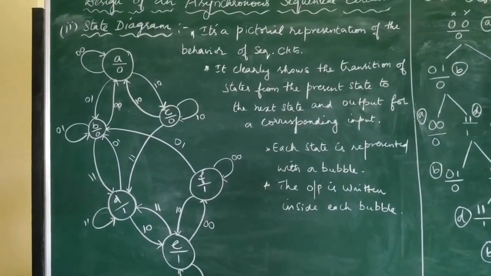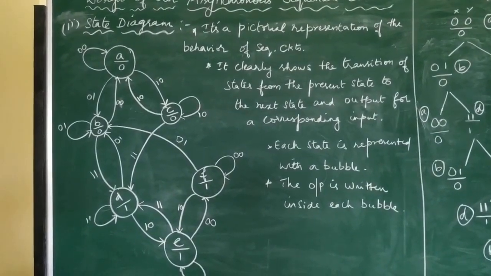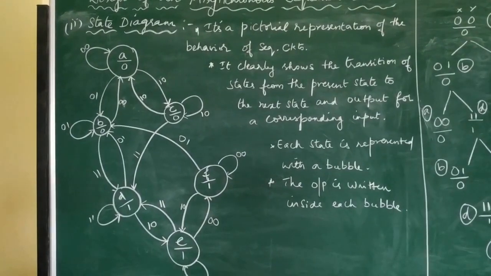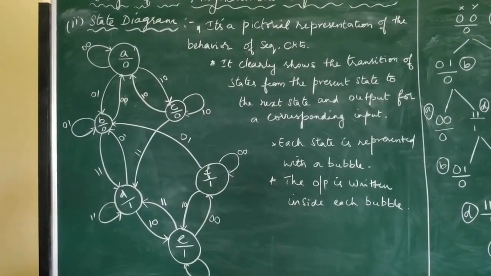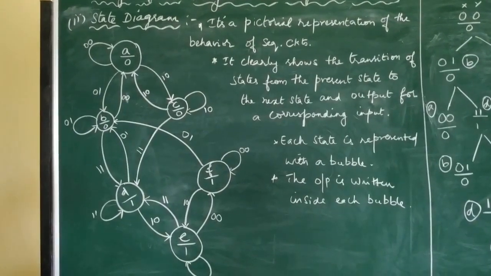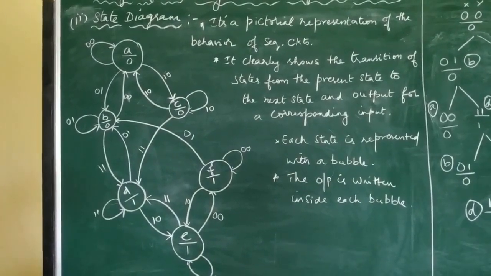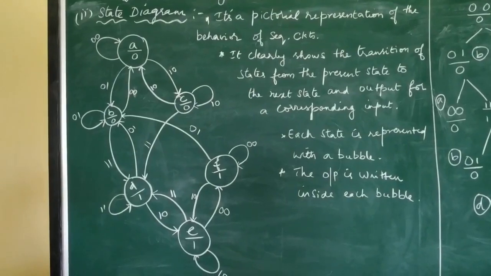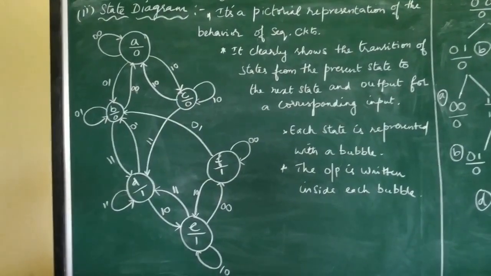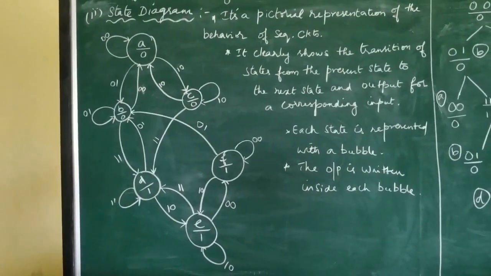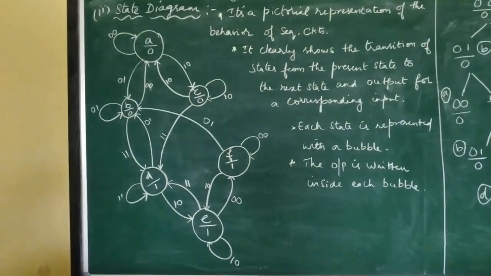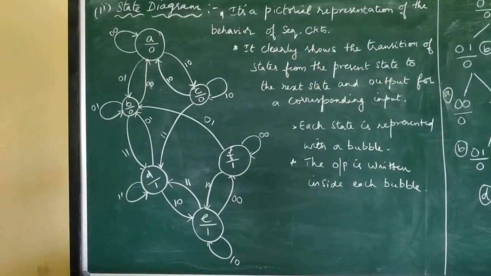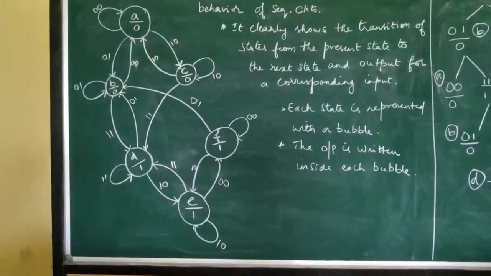Each state is represented inside a bubble. You can see there A, B, C, D, E, F, all of them are given inside bubbles. The output is written inside each bubble. So A/0, B/0, the zeros represent the outputs. With this theory, we enter into the pictorial representation, and it is done from the flow diagram.